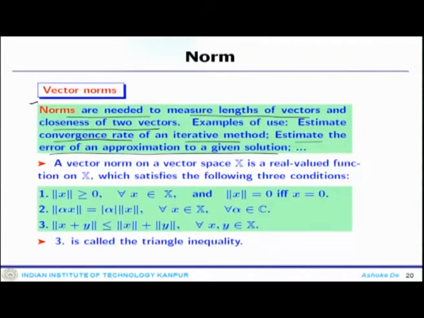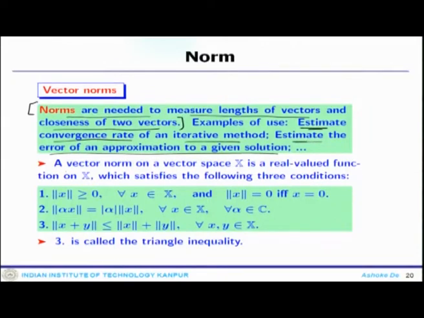So, the important definition of norm is that it is a measure of the length of vectors. When we talk about an iterative method, we try to find the convergence rate, and that is where you can estimate it. When you talk about some error, you can also estimate that.